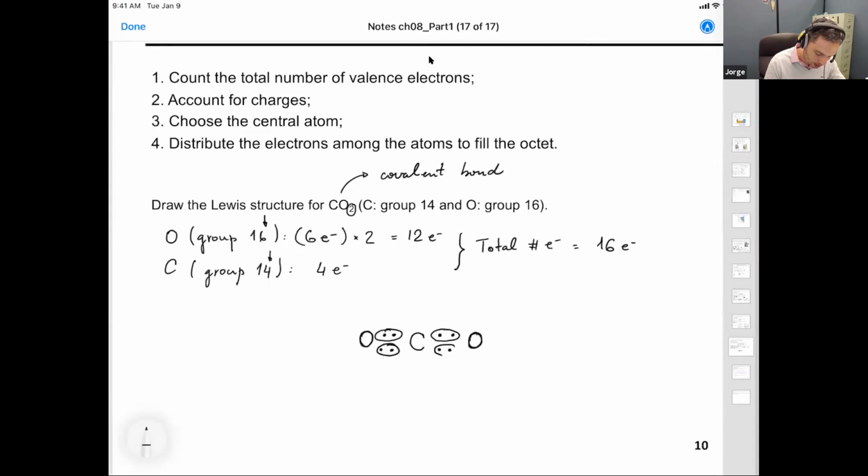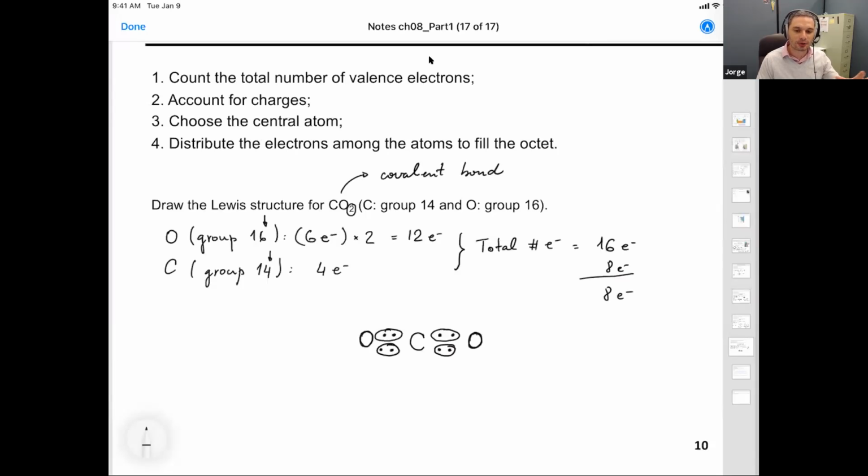And then the same case on the other side. Now, for the chemical bonds, we spent 8 electrons. 1, 2, 3, 4, 5, 6, 7, 8. Therefore, we still have 8 electrons to be distributed.